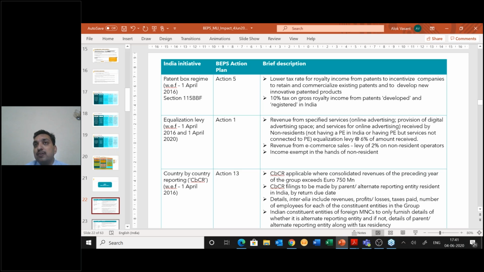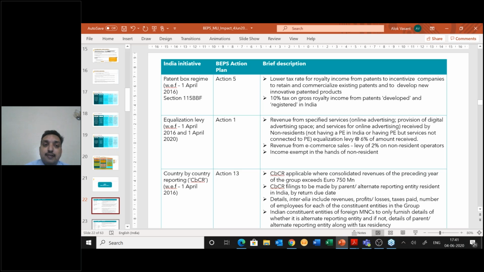How do you go and enforce this levy? What if the non-resident doesn't pay that tax? How are you going to send him notices? How are you going to enforce or recover taxes from him? Now, that's a very important discussion point. How will India implement this?